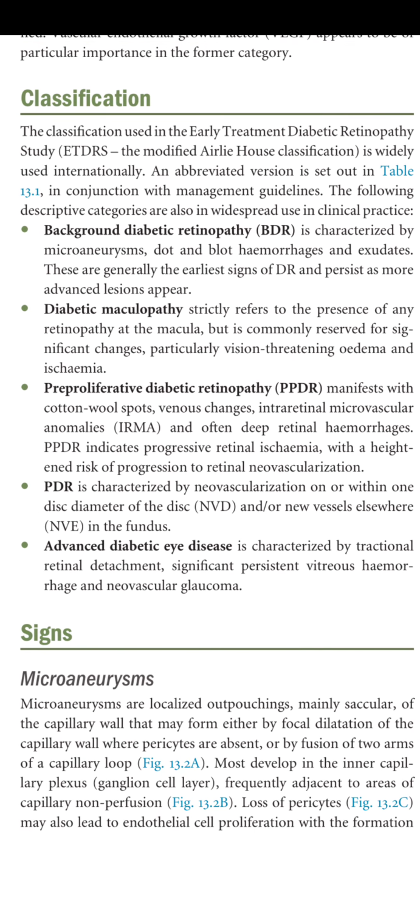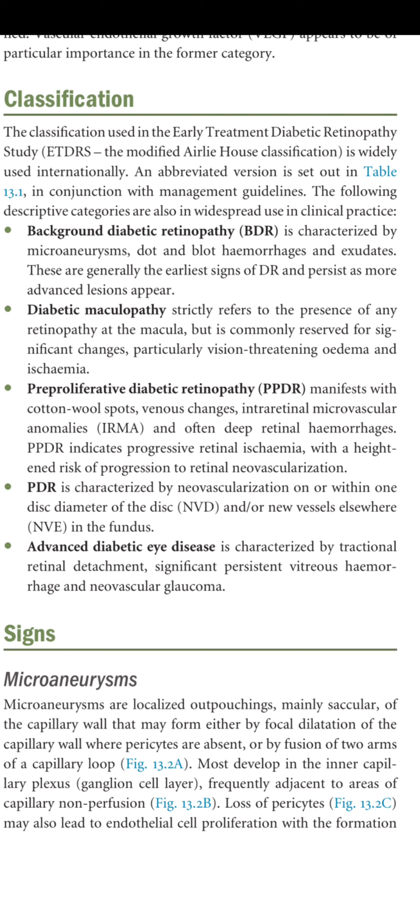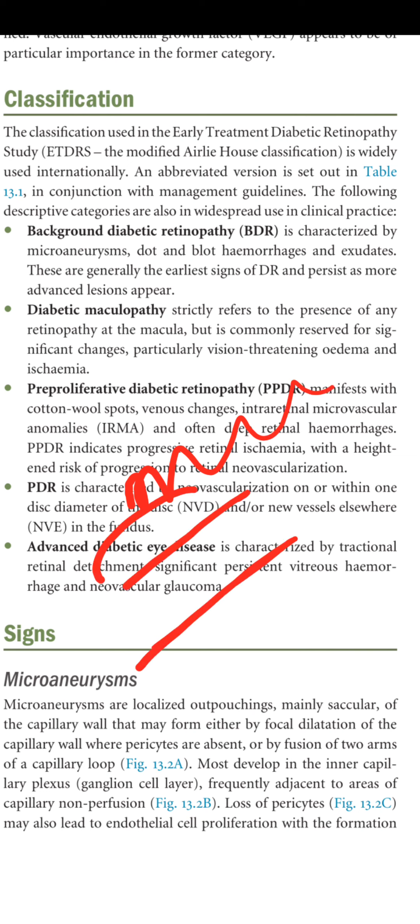So microaneurysms are localized pouching, mainly circular, of the capillary wall, that may form either by the focal dilatation of the capillary wall where the pericytes are absent, or by the fusion of two arms of the capillary loop. So basically microaneurysms occur when the capillaries lose their pericytes.